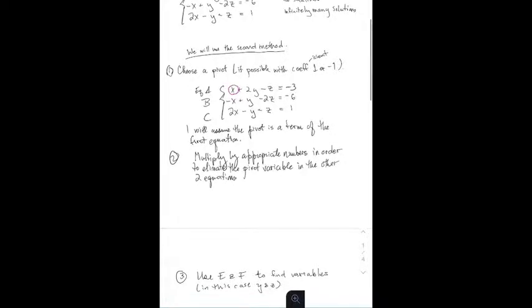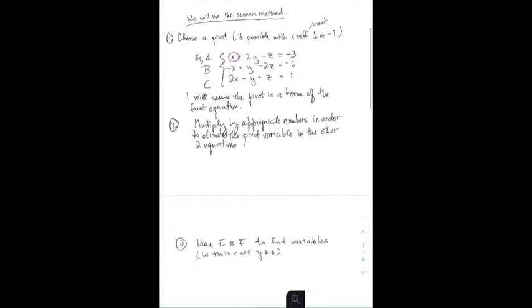Now the idea here is to use that first equation and eliminate the pivot variable. So here in this case I'm choosing the pivot to be x. So the pivot variable is the x variable, and I'm going to use the first equation to eliminate, through addition, the x variable in the other two equations in turn.